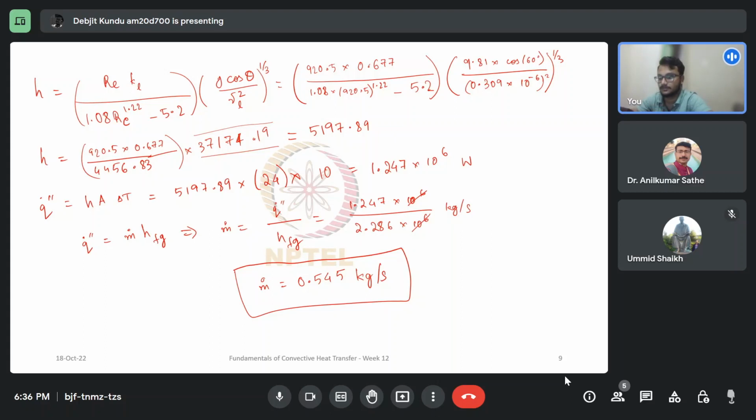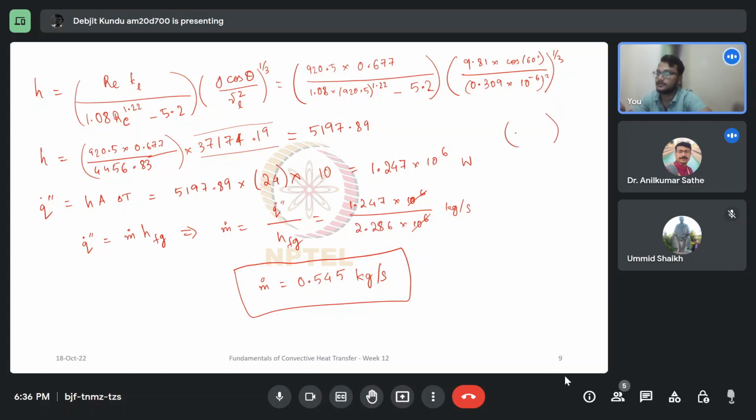So it's nothing but 9.81 into cos 60. Cos 60 is 0.5. So 9.81 into 0.5, and divided by 0.309 into 10 to the power minus 6, squared. So this comes out to be 5.137 into 10 to the power 13 before taking the cube root.